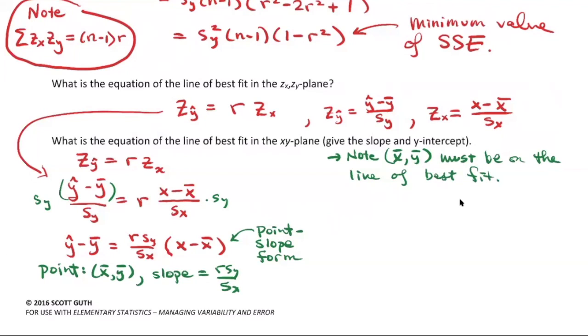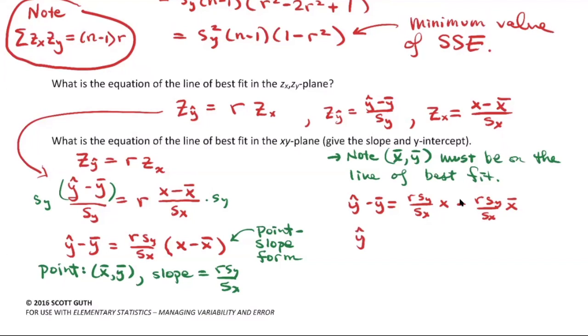Okay. Now if we solve this for y hat, I'm going to have to distribute here and write y hat minus y bar equals r sy over sx times x minus r sy over sx times x bar. And then I'm again trying to solve for y hat.